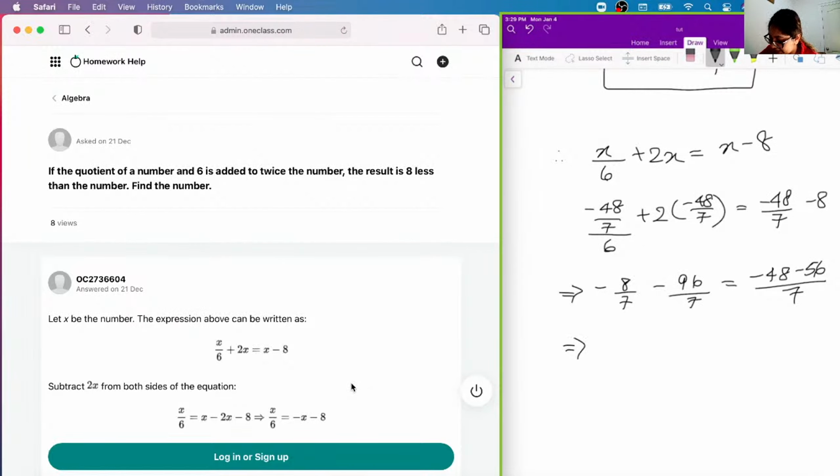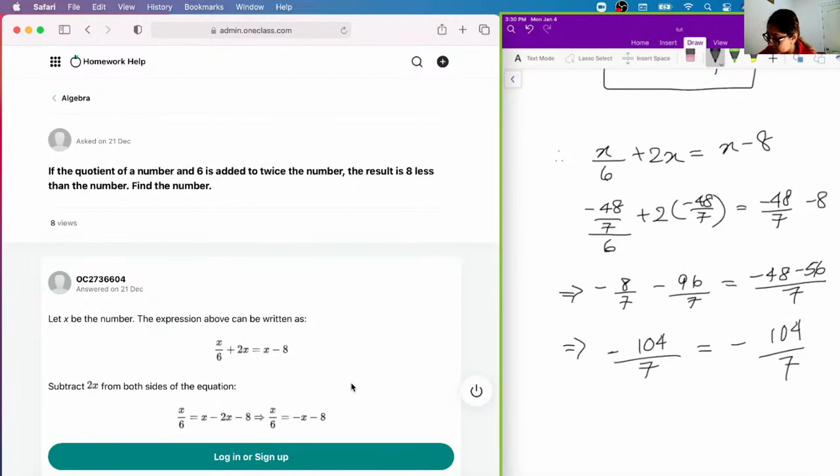Negative 8 minus 96 is negative 104 over 7. And negative 48 minus 56, sorry, this is going to be negative 104 over 7.